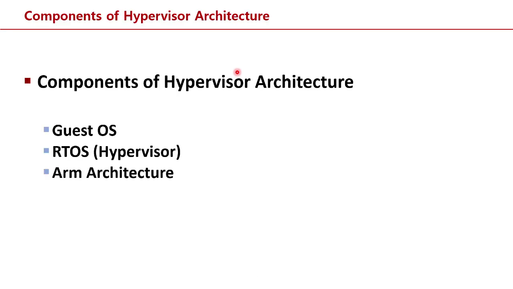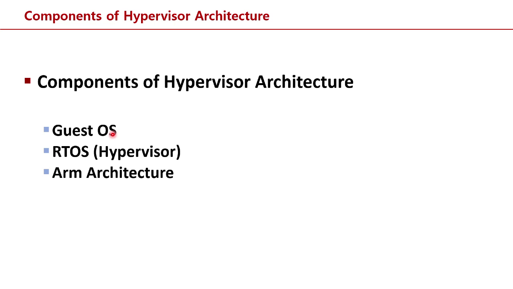What are the key components of hypervisor architecture? The first component is guest OS. The multiple operating systems in the hypervisor environment are called guest OS. Let's assume that we have two guest OS. The first guest OS could be Android, and the second guest OS could be embedded Linux.